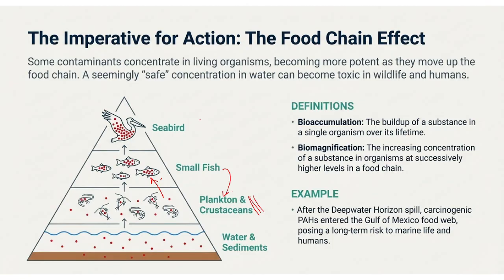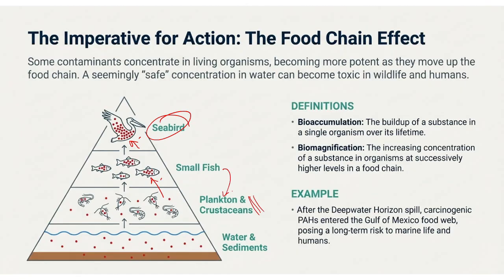Then when the seabirds consume these contaminated fishes, they are not taking one or two fishes, they are consuming a large number of fishes. Again, the contaminant is getting accumulated within the bird in large amounts.